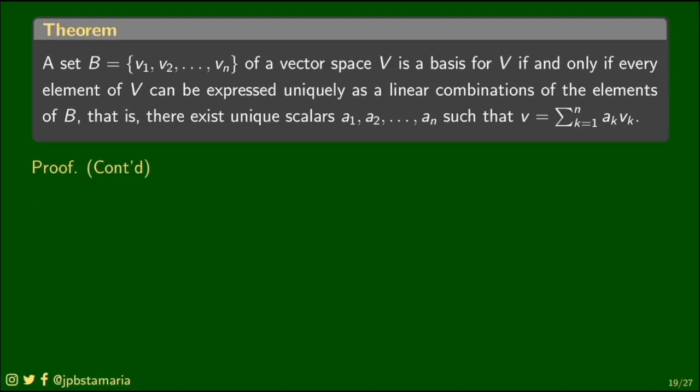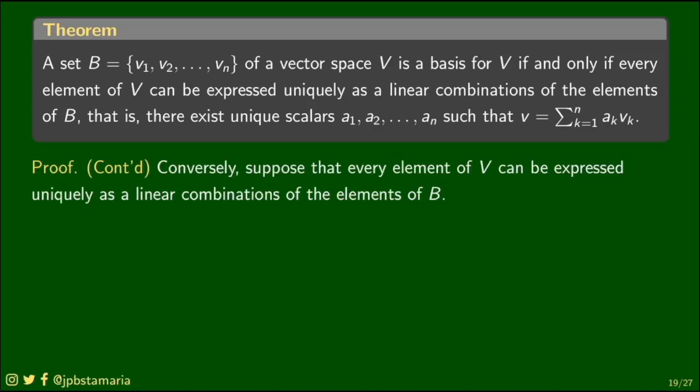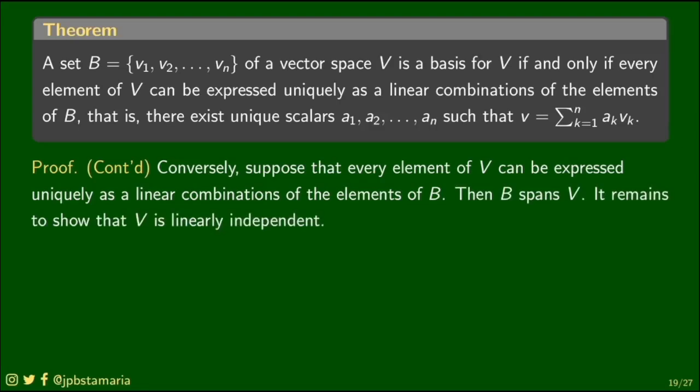For the converse, suppose that every element of V may be expressed uniquely as a linear combination of the elements of B. Then already, by its statement, B spans V. So it remains to show that B is linearly independent to prove that B is a basis for V. How do we show that the vi's are independent?